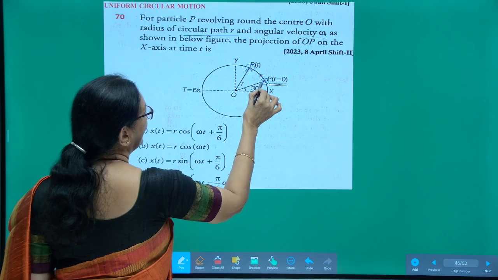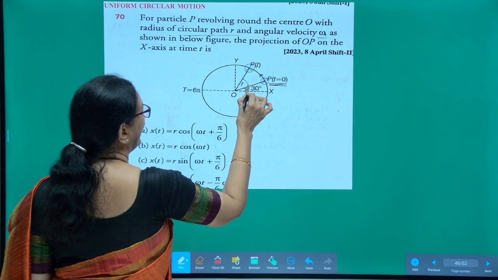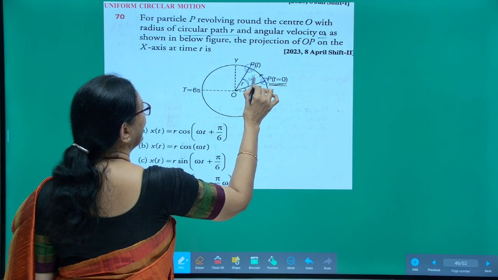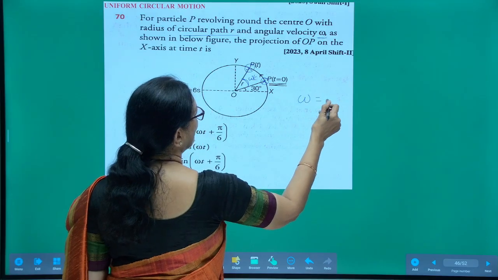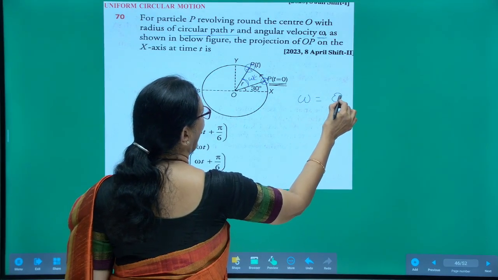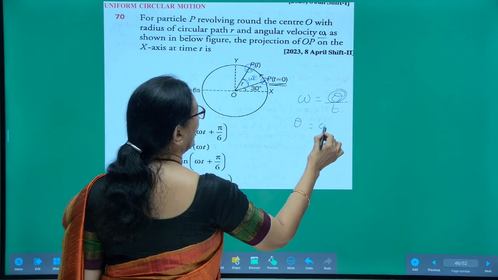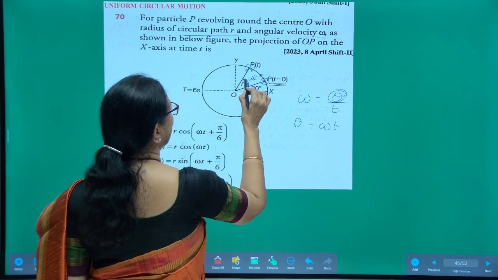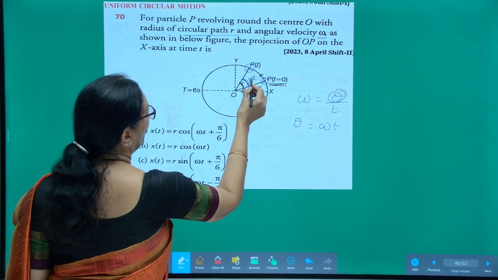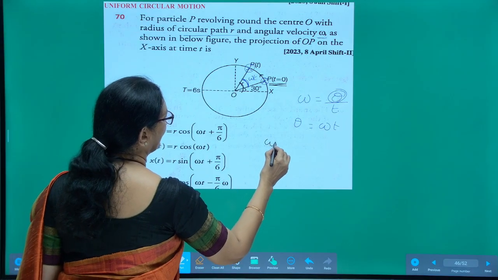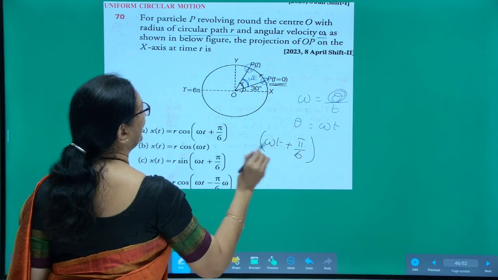See here, starting from 0, moving with constant angular velocity omega, its angular displacement is omega t, because angular velocity is angular displacement by time. So this is omega t. Then what will be this total angle? Omega t plus 30. 30 can be written as pi by 6.